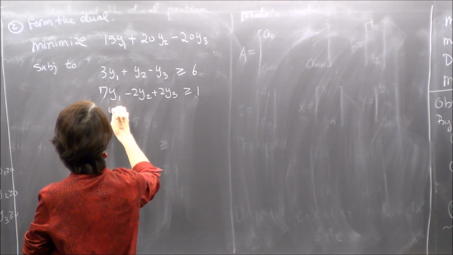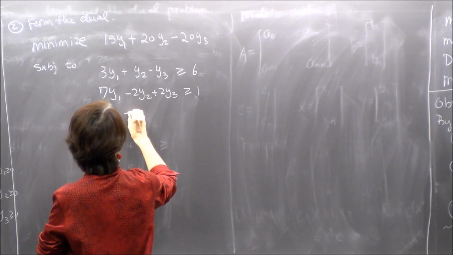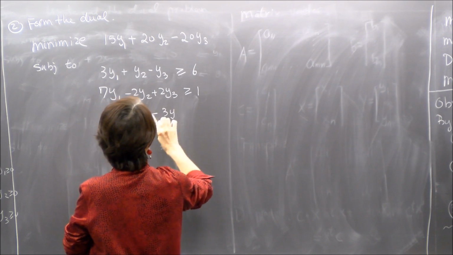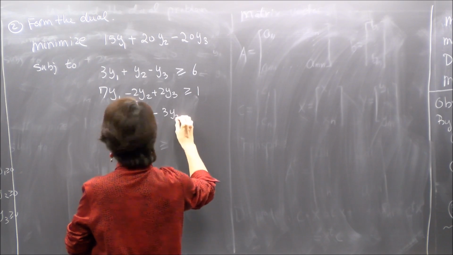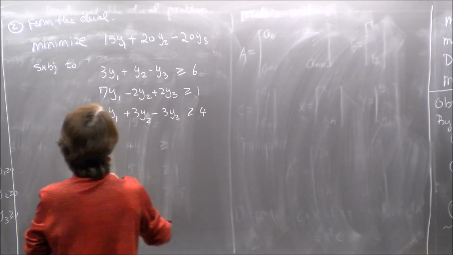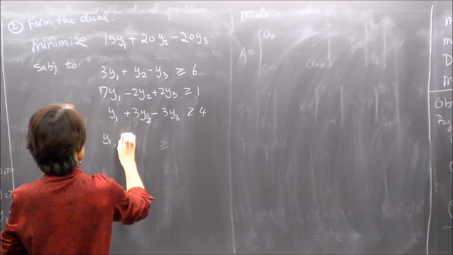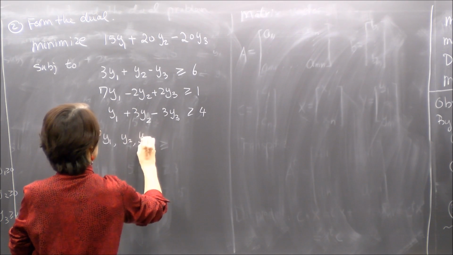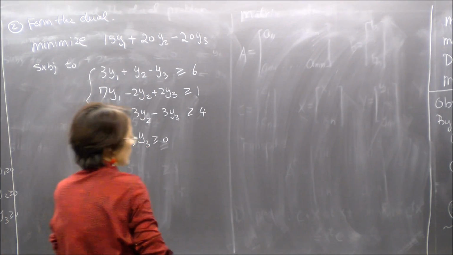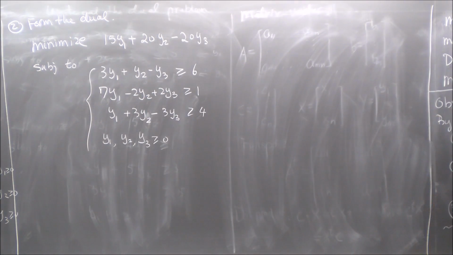And the third one, y1, 3 y2, 3 y3, bigger than 4. Right now, I have y1, y2, y3 bigger than 0. That is just to form it strictly following the definition, not doing anything to it. Can we all do that step?